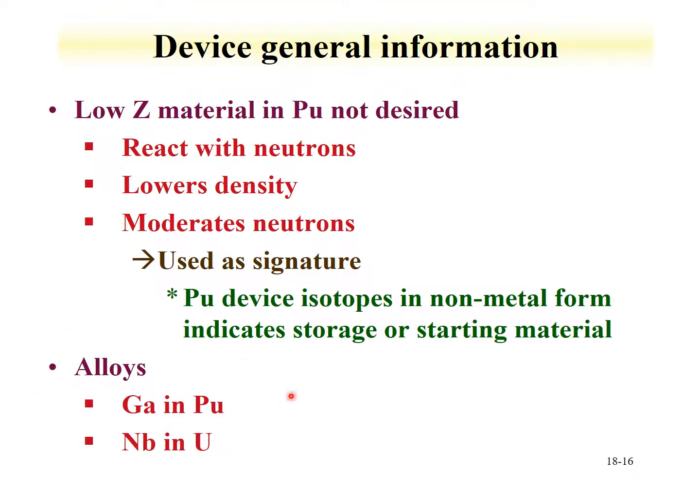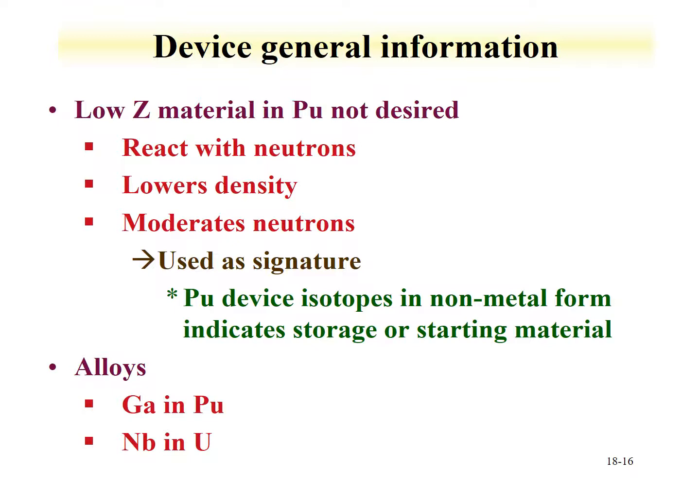In plutonium, gallium is often used as an alloying material, and uranium-niobium is used. So if one were to find material that was not metallic but had the correct isotopics, one could conclude that it was a storage or preparation stage material that might be used for a device.